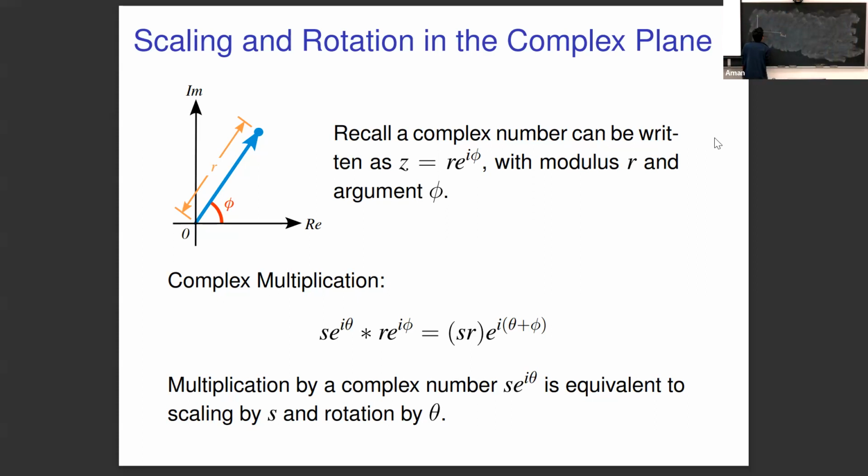Consider that this is the real line, this is the imaginary line. Any point here, let's consider that the point is called z, right? So z here, as we know, is just r e to the power i phi, if this is the angle phi, right?